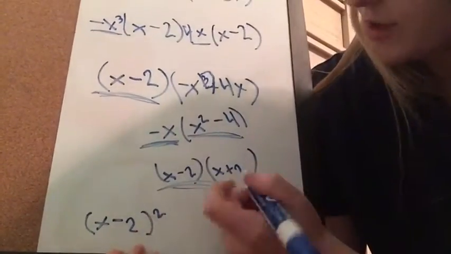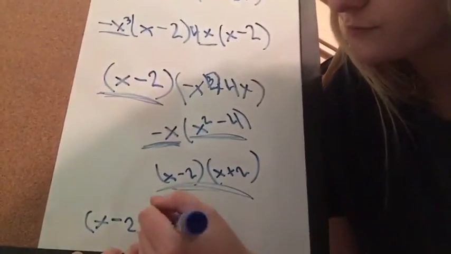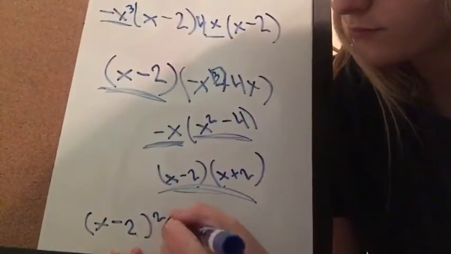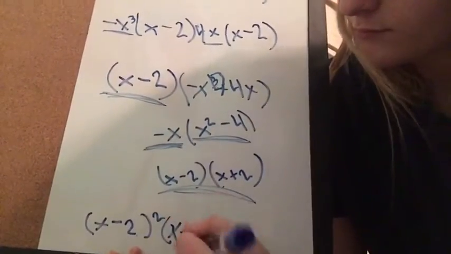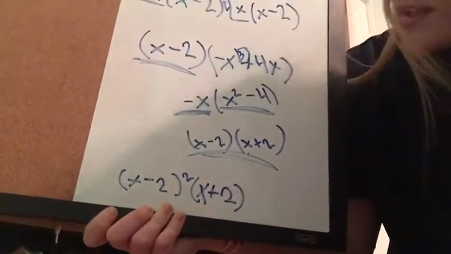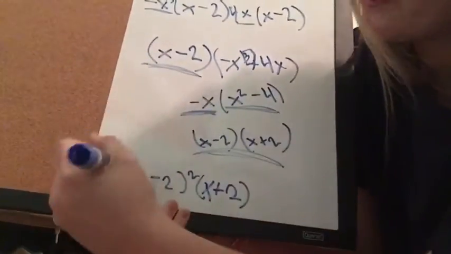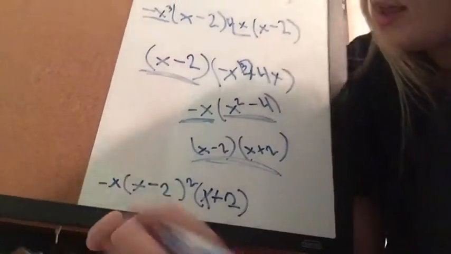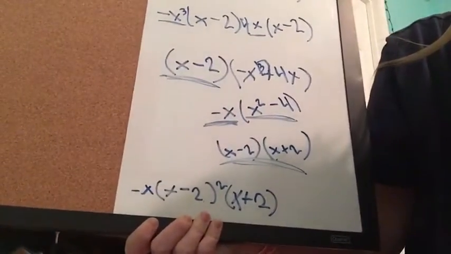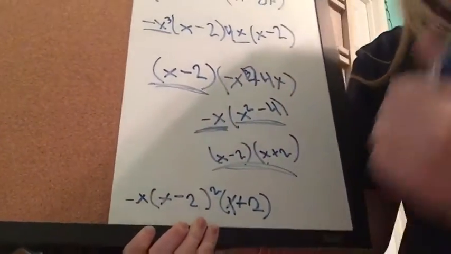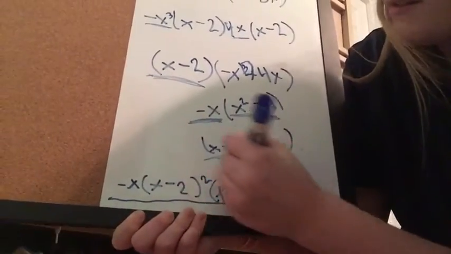And then after that, I'm going to put x plus 2. I'm sorry if my handwriting is kind of bad. So you have x plus 2. And then you have this. So you're going to put this in the front, and it's going to be a negative x. Yeah, that's it. This would be your final answer.